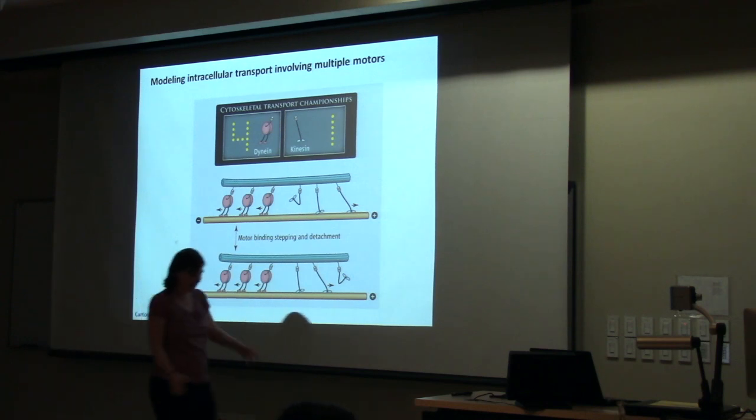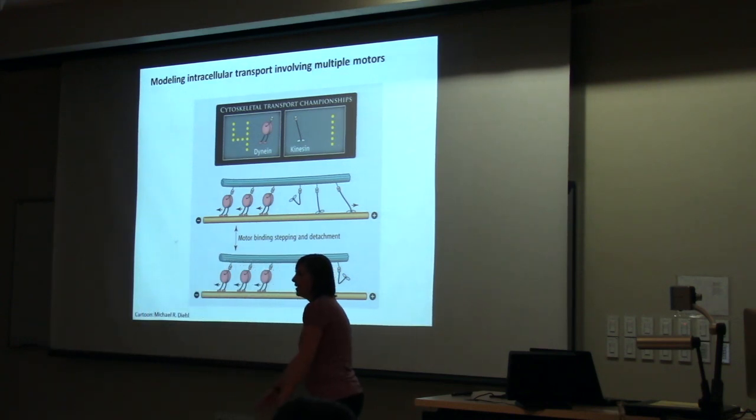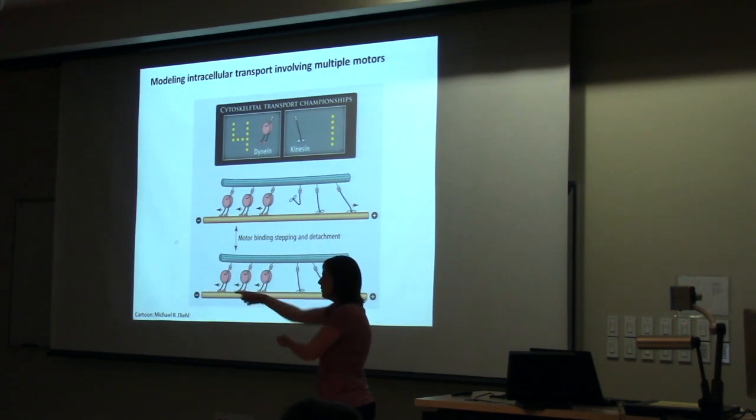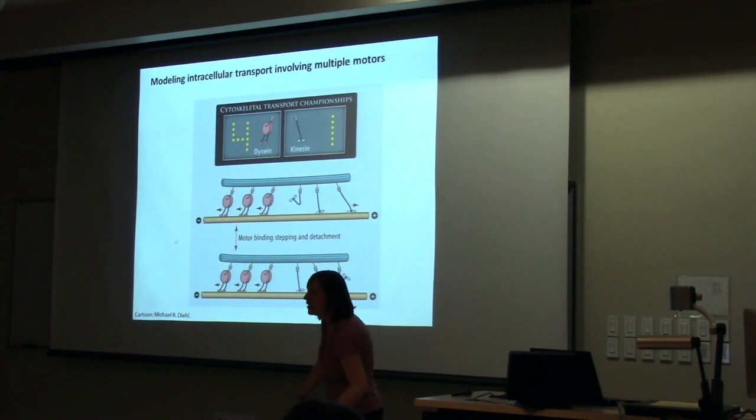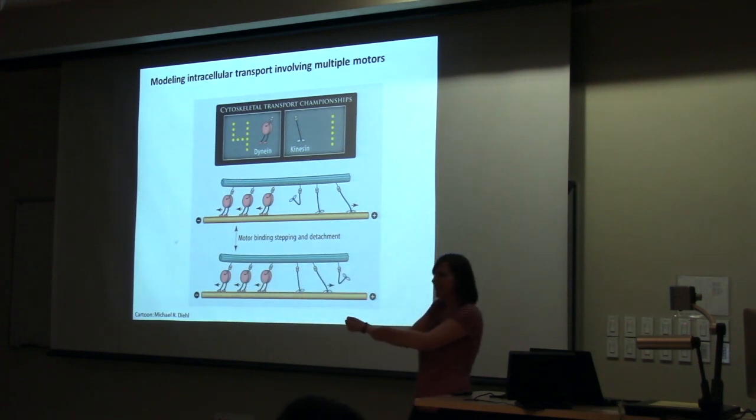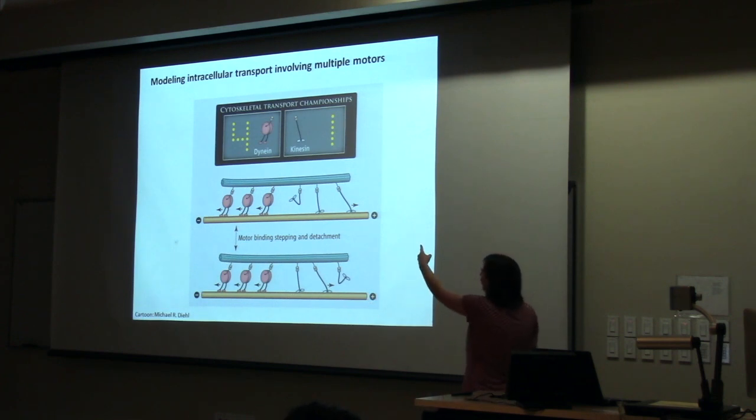The answer is, it depends on how much traction we have with the ground. So I'm pulling, the other person is pulling just as hard, but if I have enough traction between my feet and the floor that I can withstand that pulling force, but my opponent's feet start to slip, that's when I can win, right? So we think that the same thing goes on at the molecular scale.